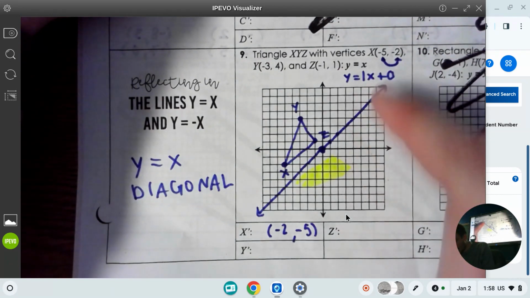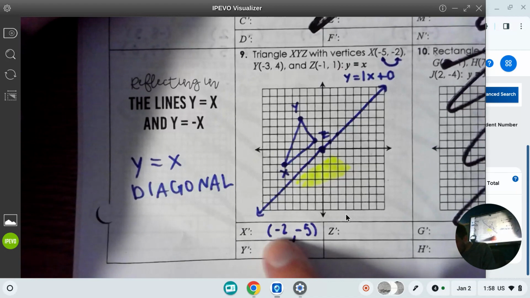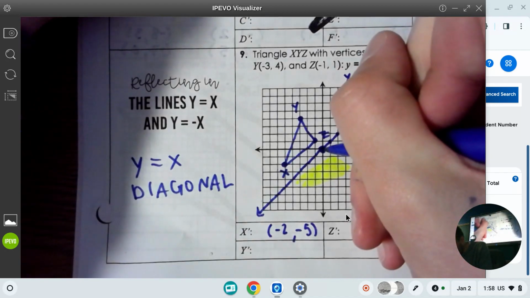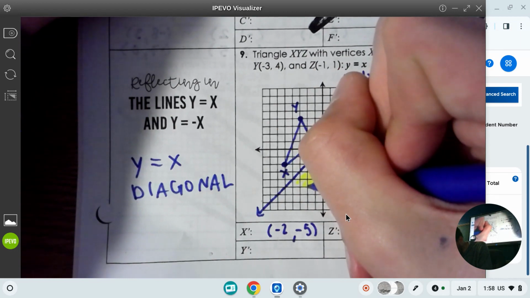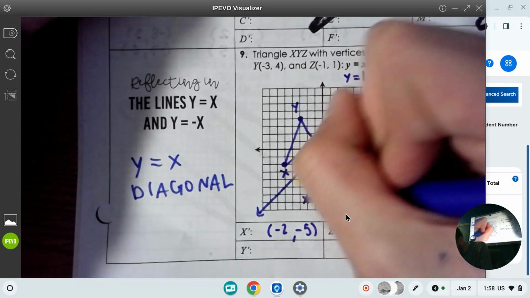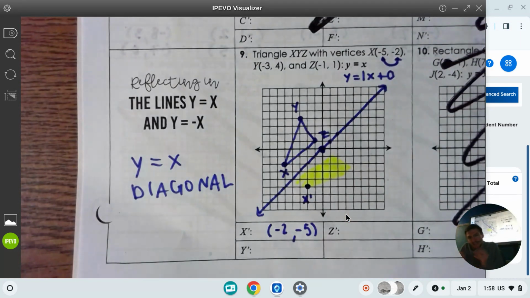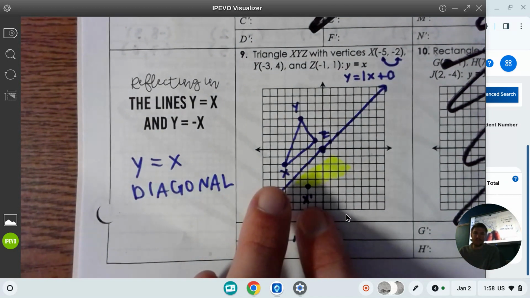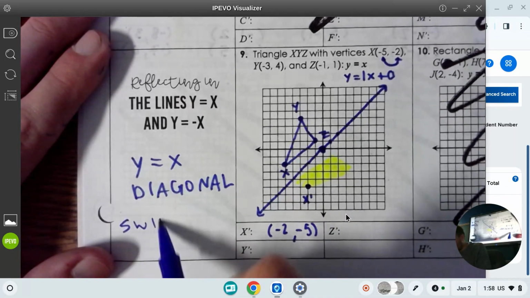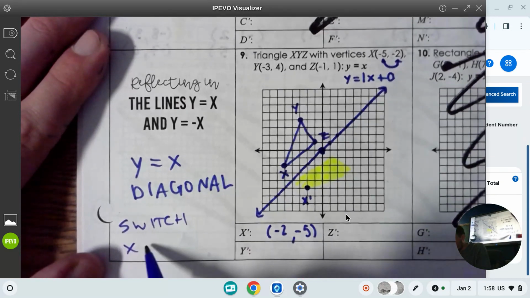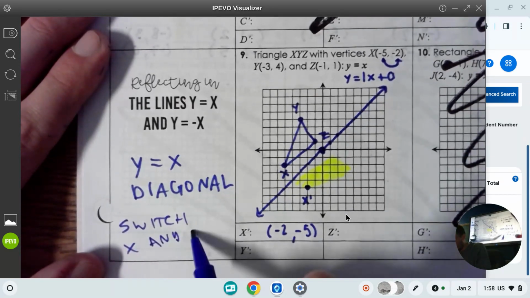So that should now be -2, -5. And if I plot that down, -2, -5 is right here. Does that look like it's in a generally correct place? I think this is looking pretty good here. Okay. So again, what I'm doing is switch x and y.